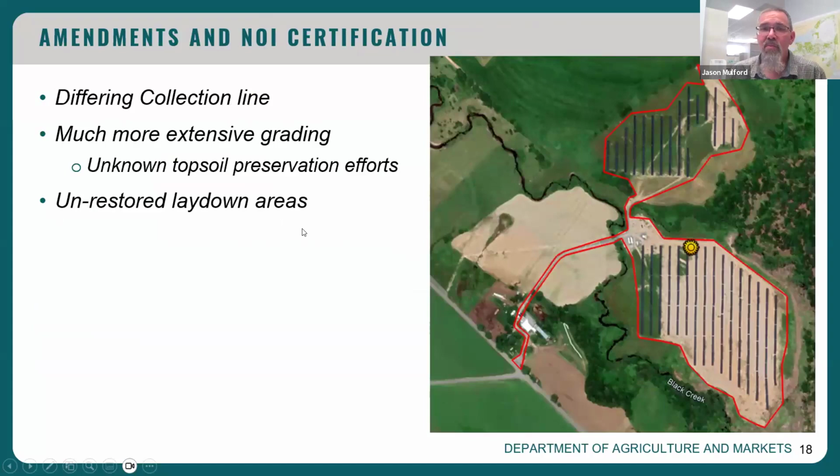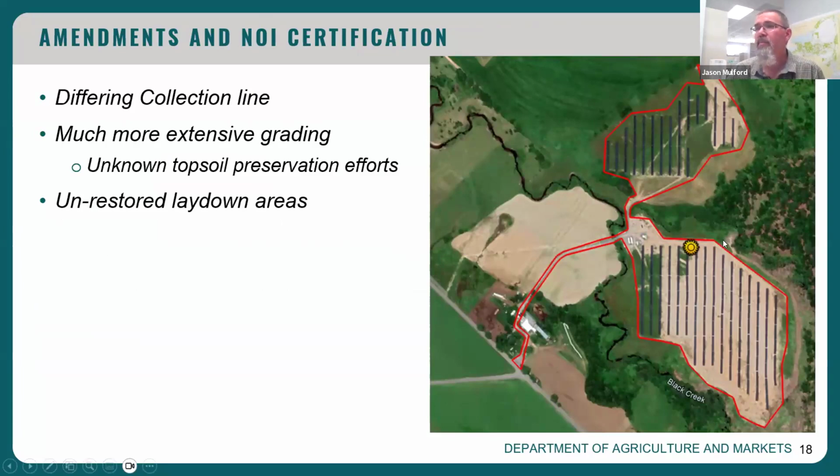We have noticed a lot of changes, and no amendments have been filed with the department. And we also questioned the municipality if any building amendments have been filed with them.